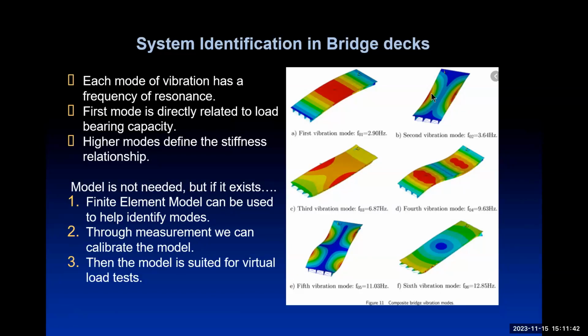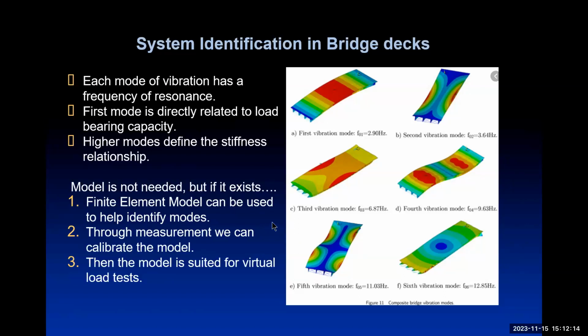So in this particular case, we get something like a wing flap of the bridge. And here we get an antisymmetrical mode. Here we get another antisymmetrical mode in which one half of the bridge is going up while the other is going down. And then the modes get more and more complex indeed. Each one of these will represent the stiffness imparted by a little part of the bridge.